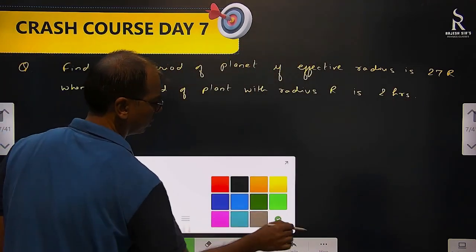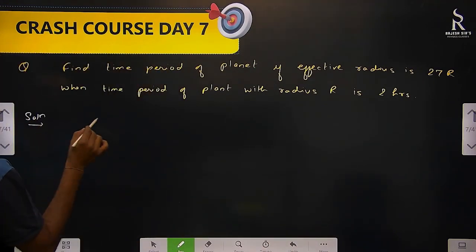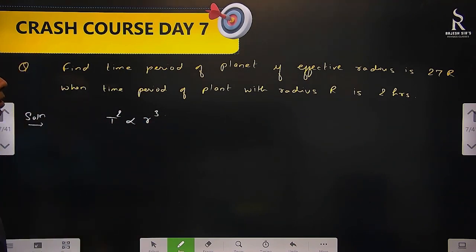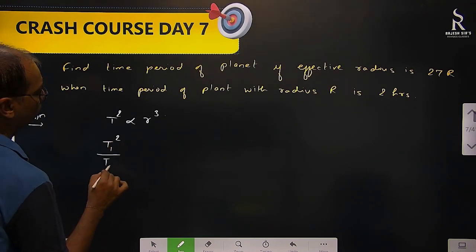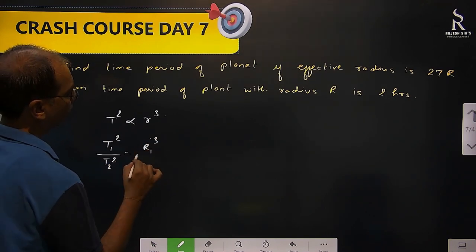Simple question again, based on that third law: T square is proportional to r cube. So what is given? Again the same thing: T1 square by T2 square equal to r1 cube by r2 cube.